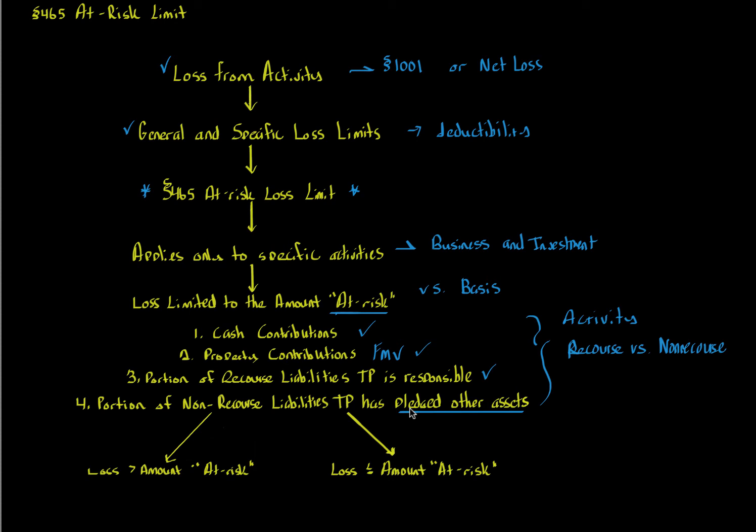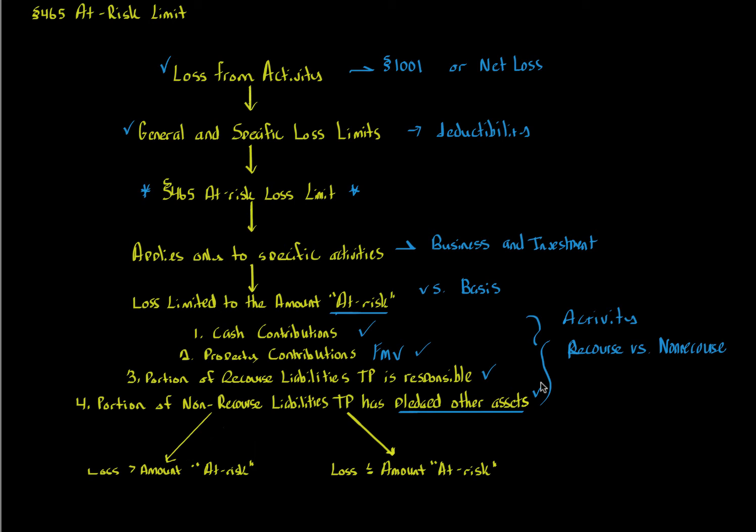Usually what happens is that there's security collateral. So if a taxpayer has pledged other assets with respect to his or her portion of the non-recourse liabilities, then the lender can go after those assets up to the amount pledged. So that amount is going to be considered part of the amount that's at risk.